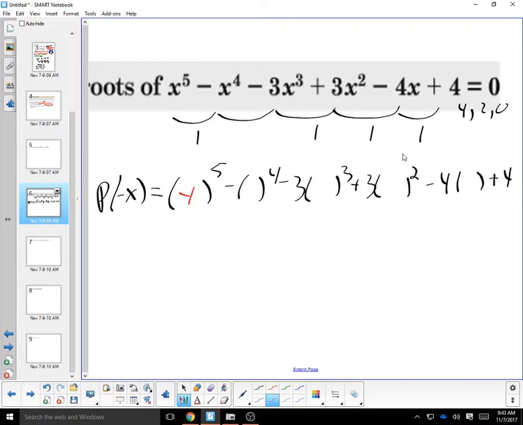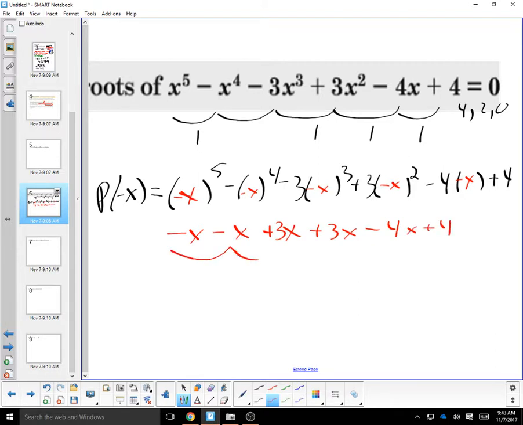We're plugging in a negative x to get those checks. So that would still be negative x. This would become negative x. That would be 3, 4. That would make this positive 3x. This would be positive 3x, negative 4x plus 4.